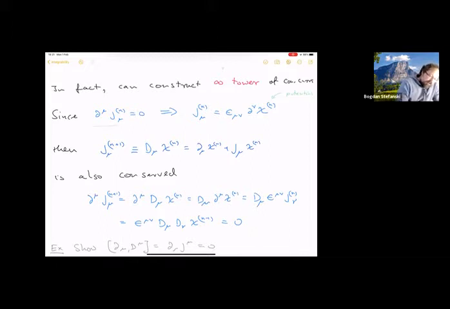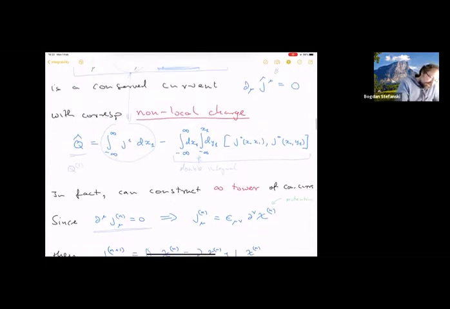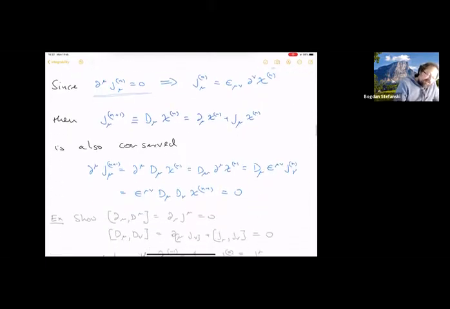Well, suppose I give you some current which is conserved. Let's also be on a flat world sheet, so R2. Well, that means this conservation law means that you can write the current in terms of a potential, right? The derivative of a potential. So this is just star d chi.